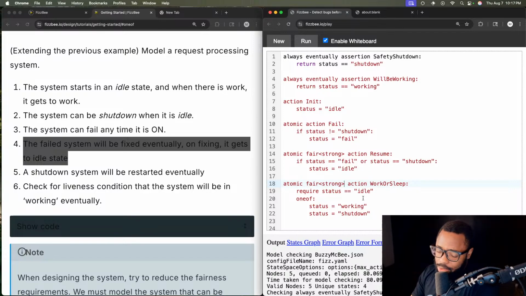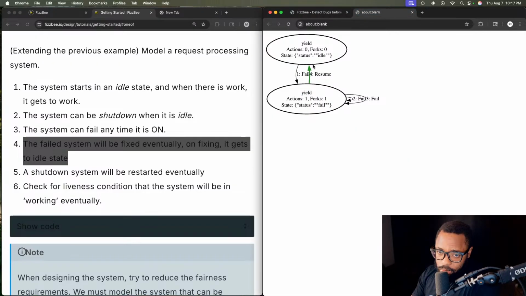But let's say that that's true. You still have the problem of it choosing to add another possible execution, right?